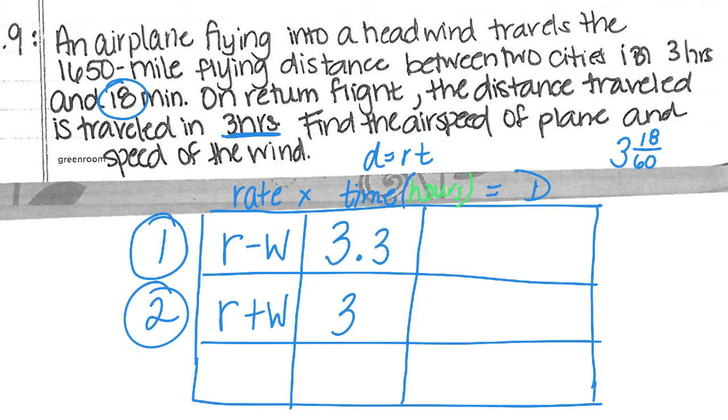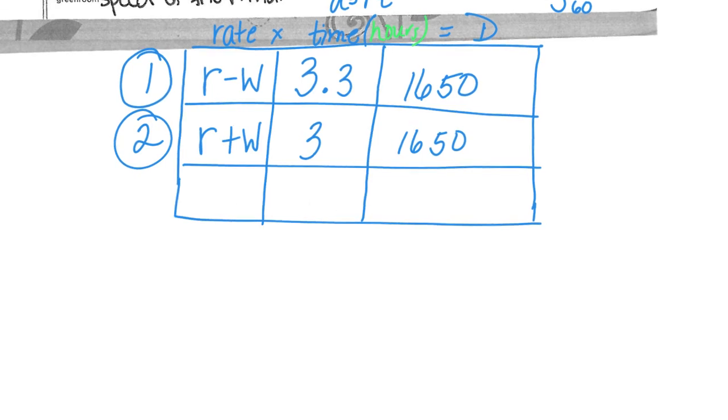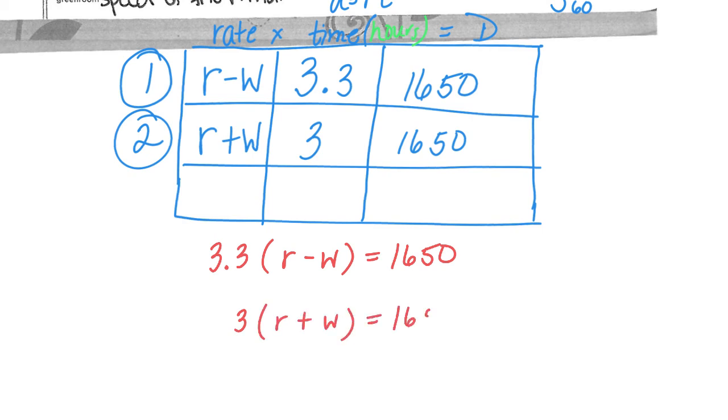Now, the lovely thing about this is we know that they're traveling 1,650. So I set this up as 3.3 times r minus w is equal to 1650. And 3 times r plus w is equal to 1650. Now, if I were you, instead of distributing everything through, I would take that 1650 and divide by 3.3, and we get 500.